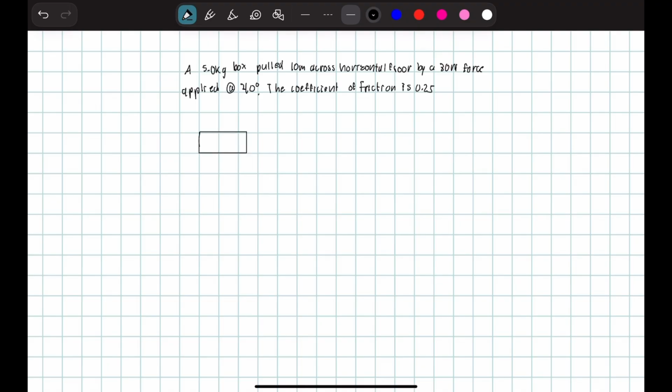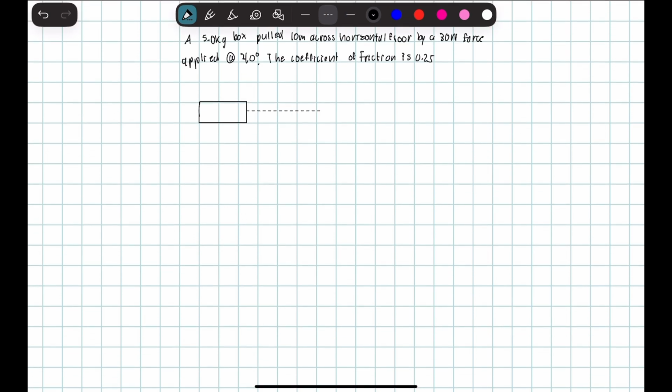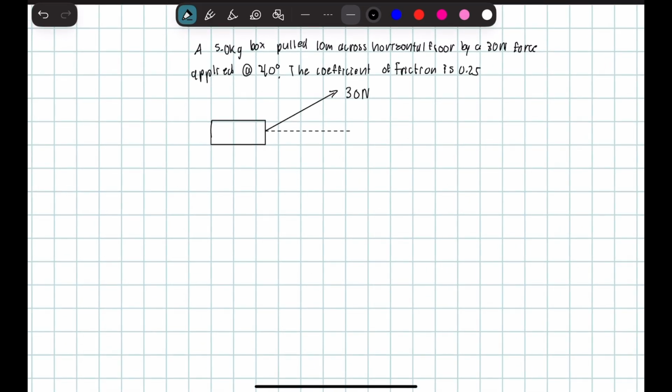We have the box right here, and then it's pulled. So we'll make this just a reference. This is this, and we have 30 newtons. This is our 5.0 kilogram box. This is going to be 40 degrees. And the friction is going to be in the opposite direction. And it's going to be smaller than that because it's still moving forward.